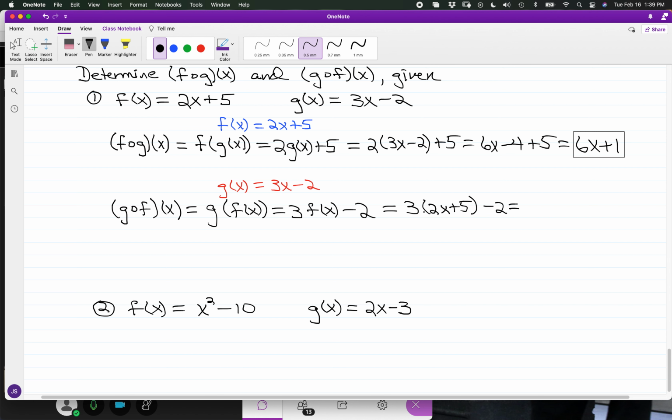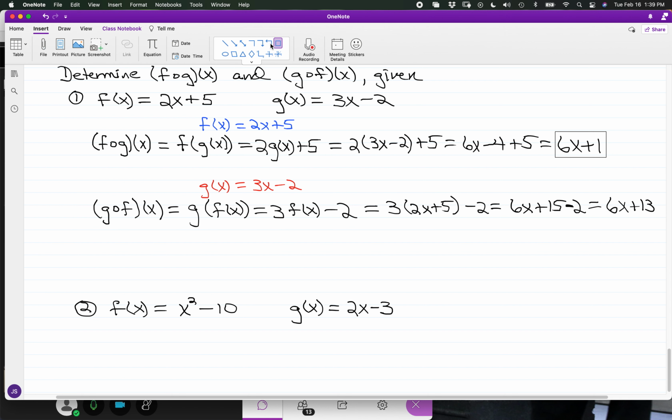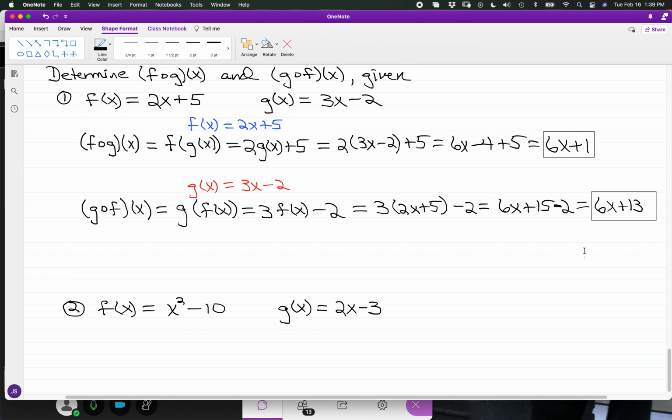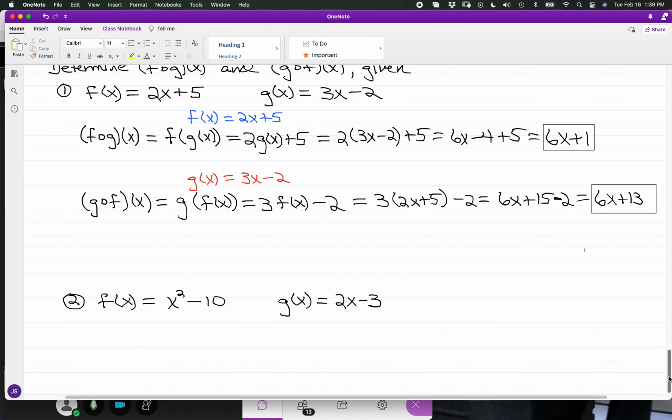And with the distributing, we're going to have 6x plus 15 minus 2. And so in this result, we have 6x plus 13. Okay, so those would be the resulting compositions for the first.